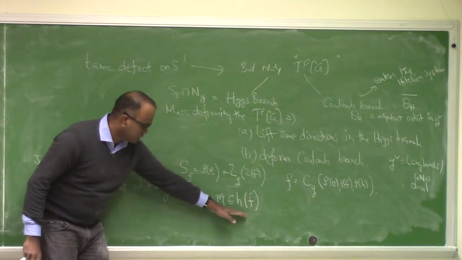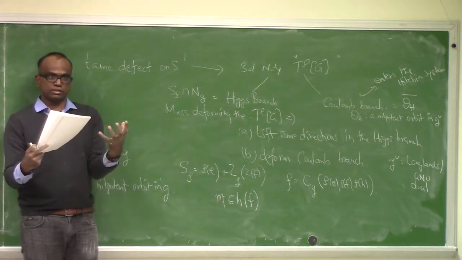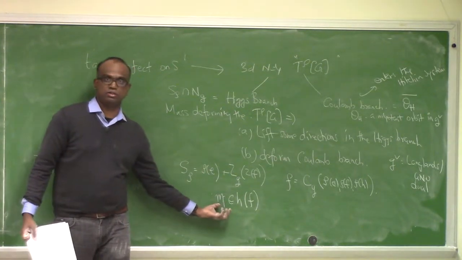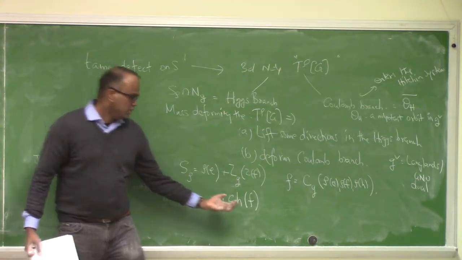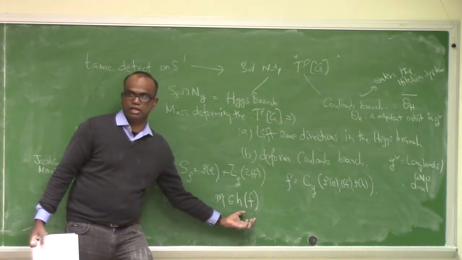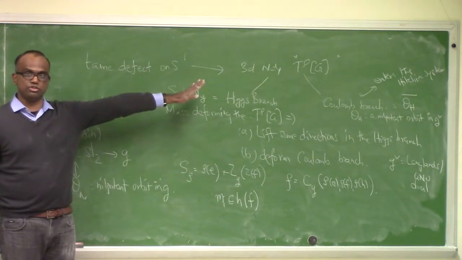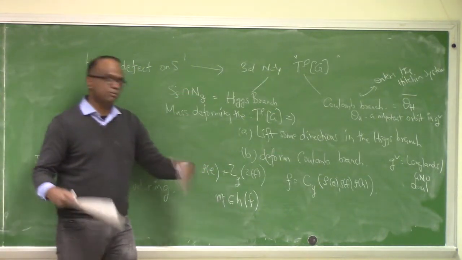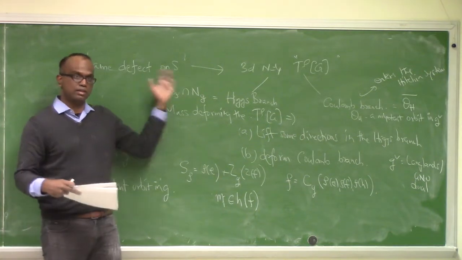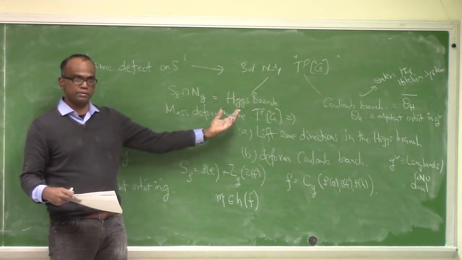So this condition pairs a property of the Coulomb branch, its space of deformations, with some property of the Higgs branch. It's not something that's visible if you're just studying the Hitchin system for G dual. It's something that necessarily comes from physics. It ties together the Higgs and the Coulomb branch data.